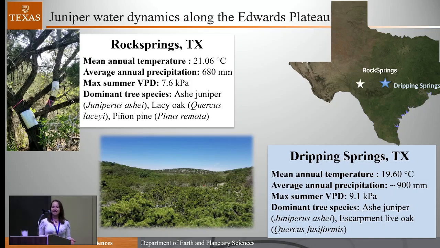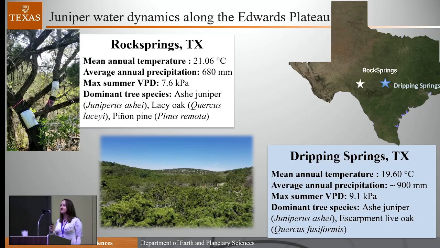And we know for each site that there's about 10 centimeters of topsoil, followed by fractured limestone bedrock underneath. And that limestone bedrock is from two different formations at the two different sites. We've got the Edwards outcropping in Rock Springs, and we have the Glen Rose at the Dripping Springs site. So they're a little bit different, but the 10 centimeters of topsoil is the same between both.